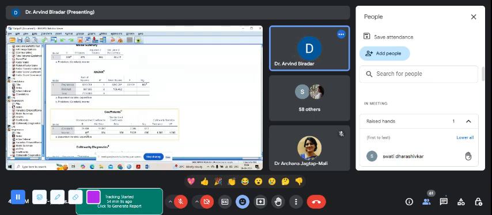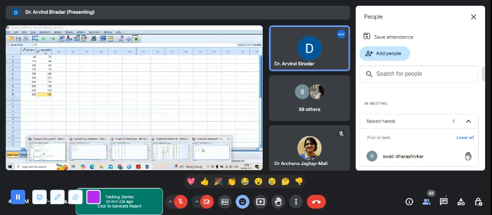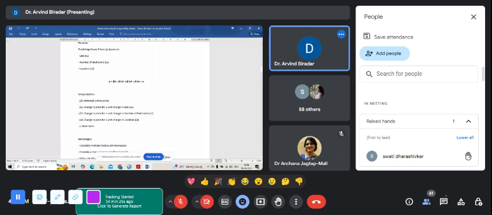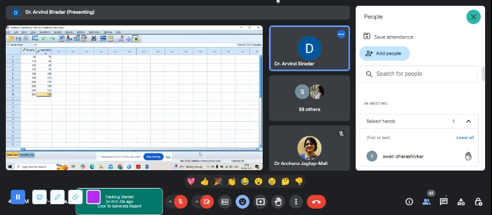See, look here. This is the income and expenditure. Okay.